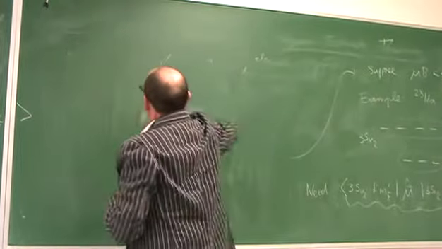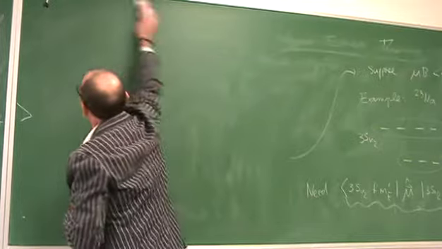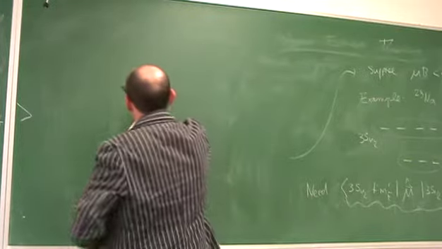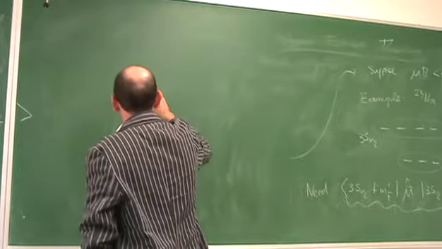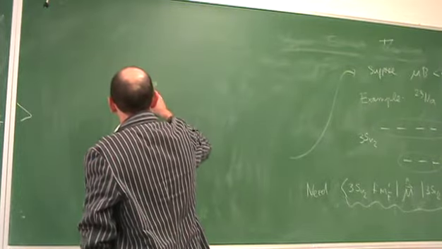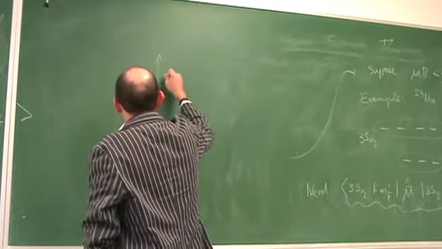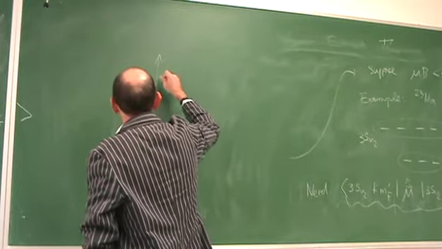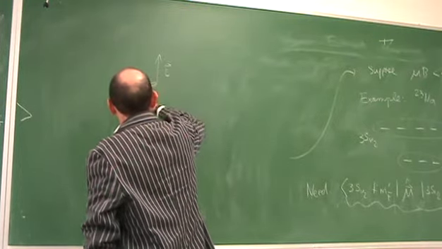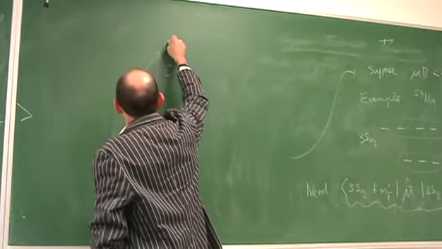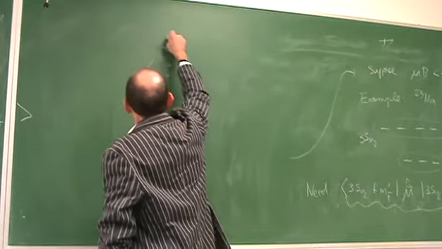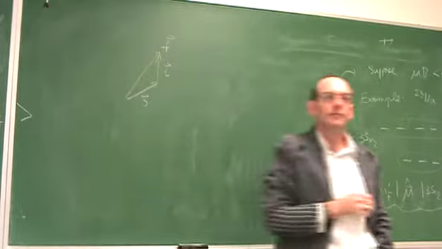So, what's going on physically? Let's think about a simple example where I have no orbital angular momentum, I just have spin. Okay?